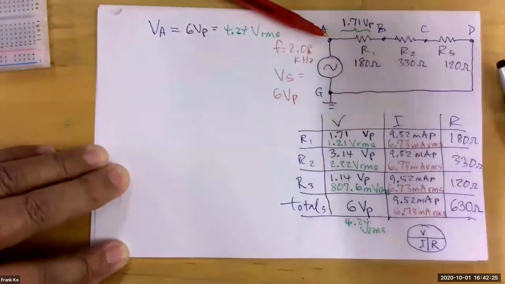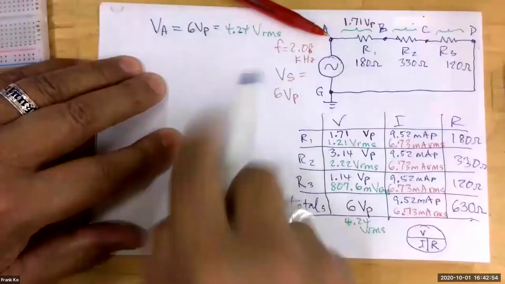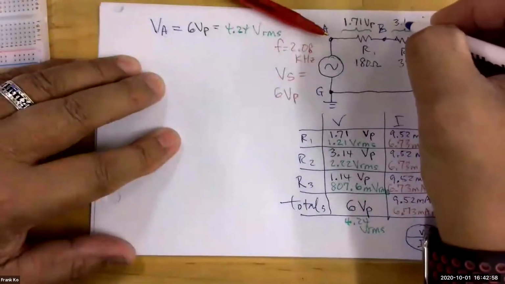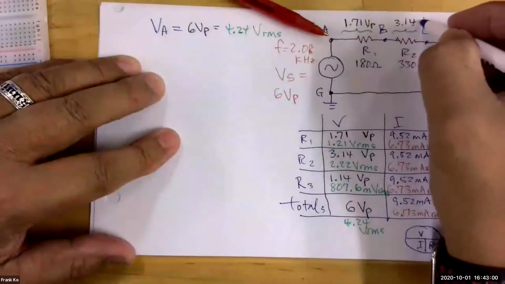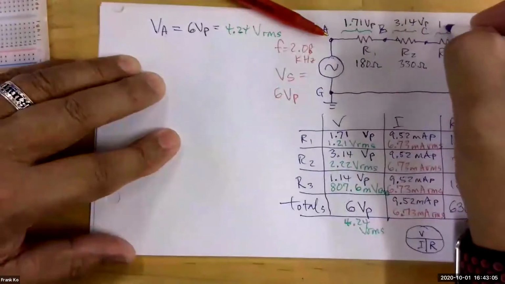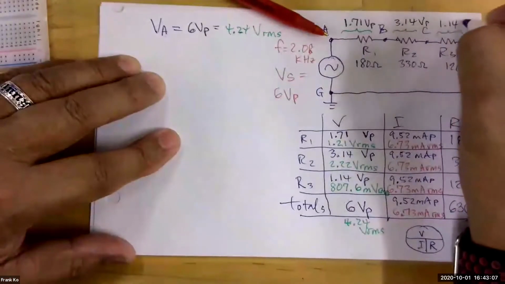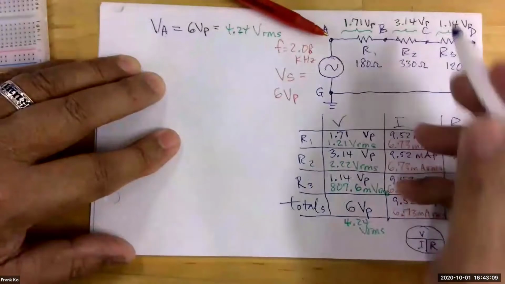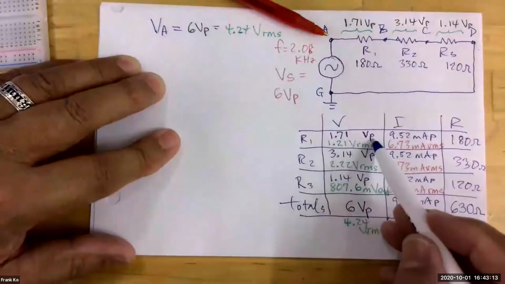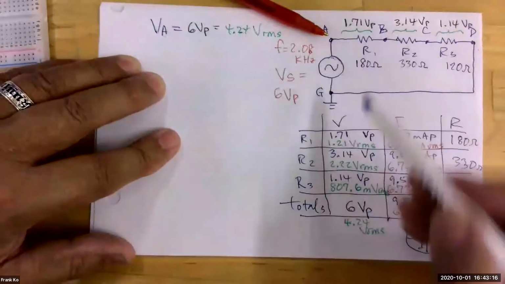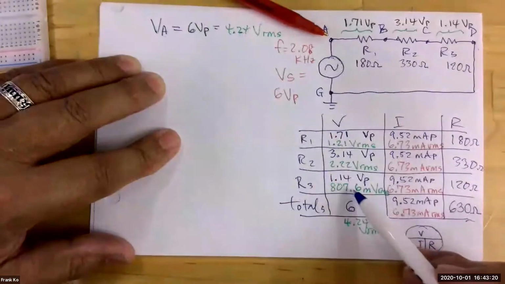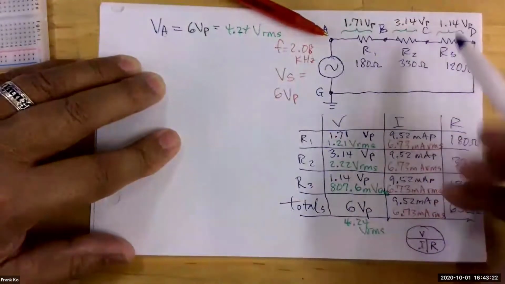Across from here to here, keep everything in peak, we calculated 3.14 volts peak. And then across the last guy, 1.14 volts peak. All of these peak values of voltages come directly off of our table. 1.71 volts peak across R1, 3.14 volts peak across R2, and 1.14 volts peak across this guy.